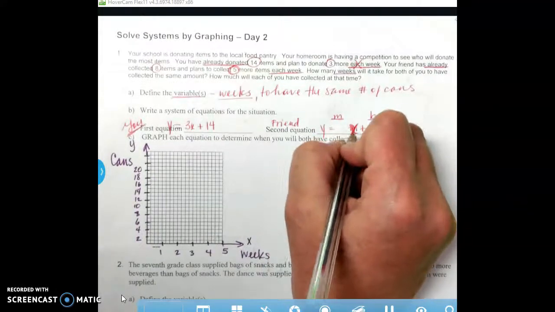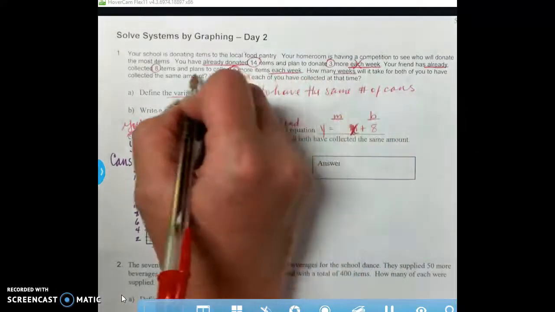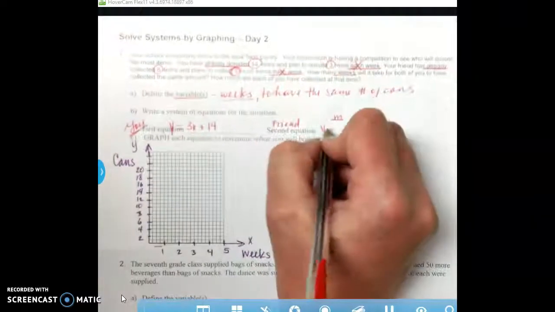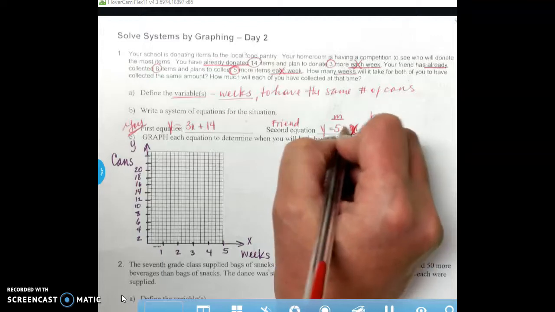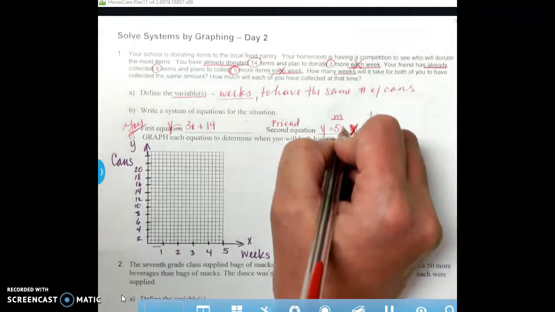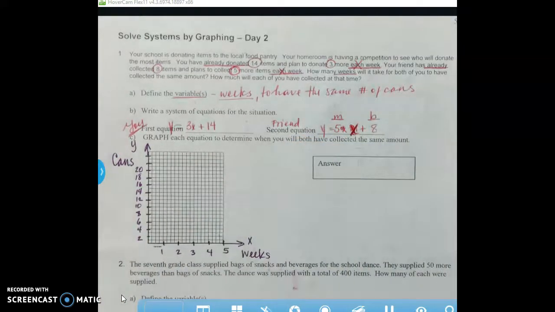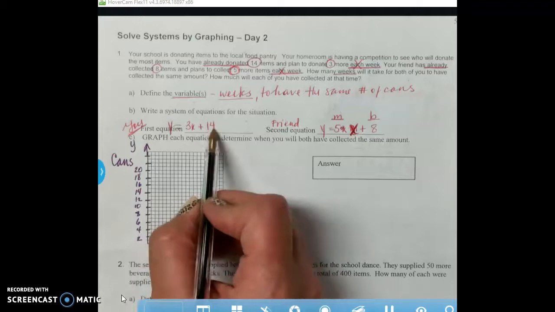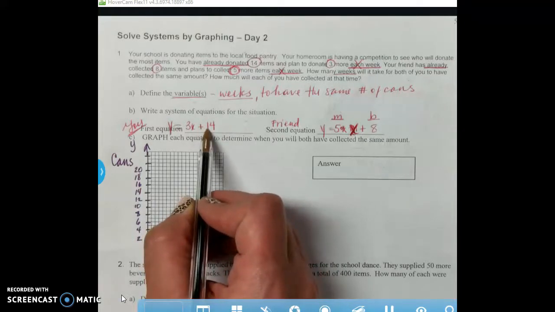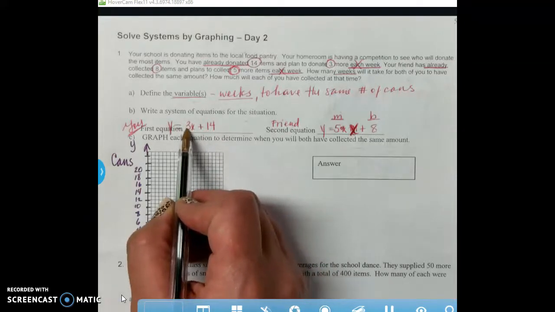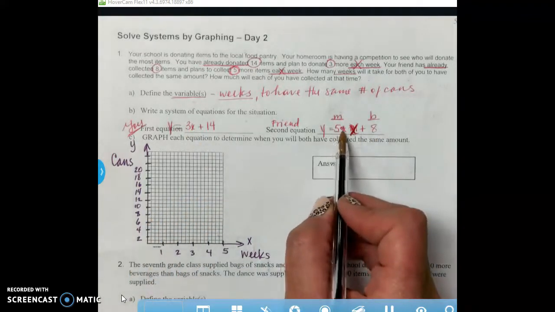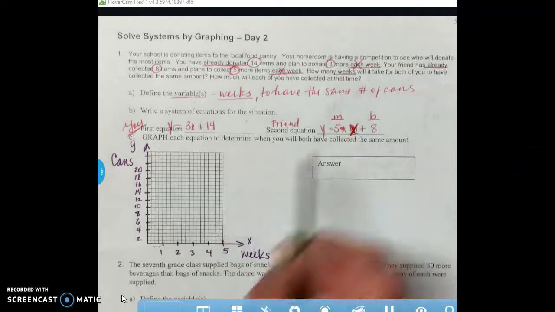They are bringing 5 each week. 5x. So again, what are the commonalities? You have a beginning amount, 14 you started with, 3x, you bring in 3 each week. Your friend started with 8, and is bringing 5 each week.